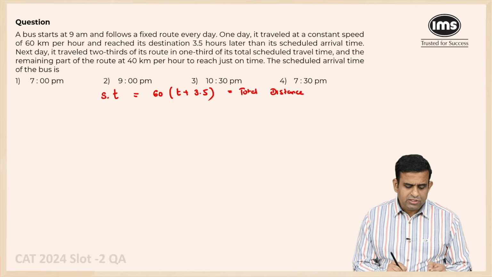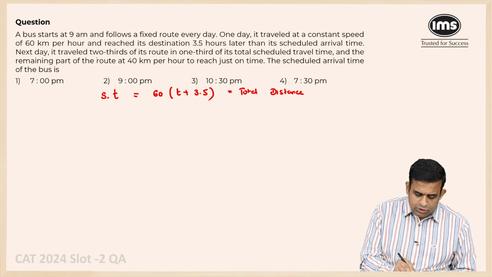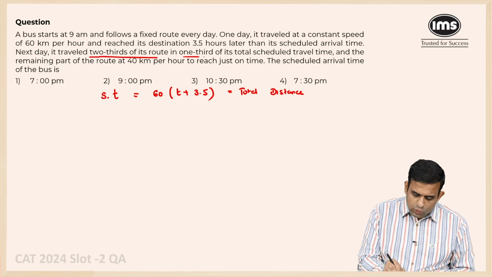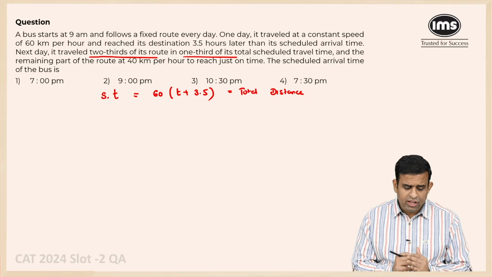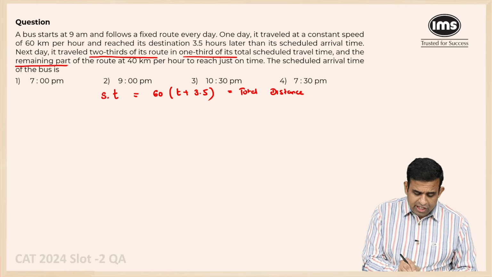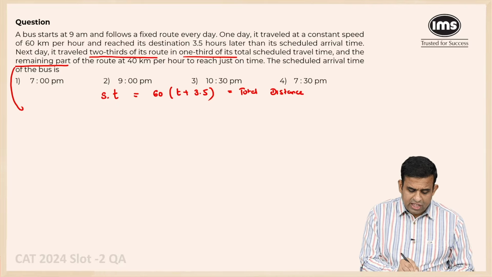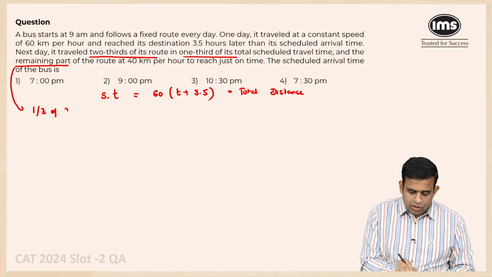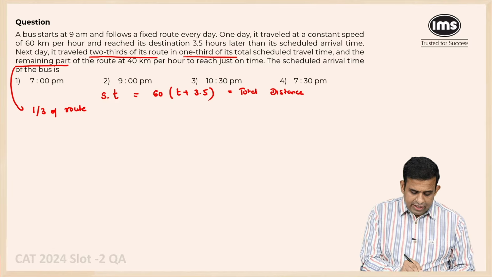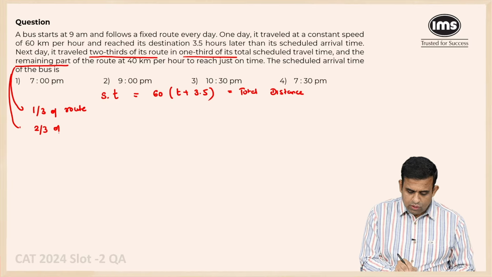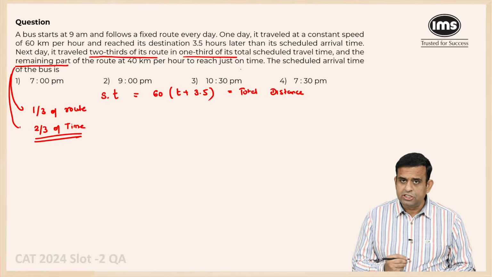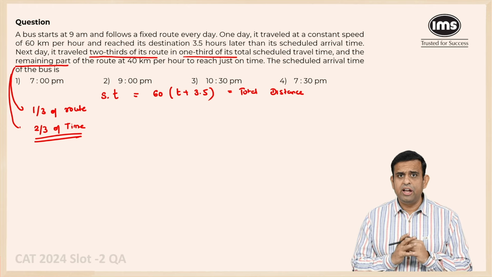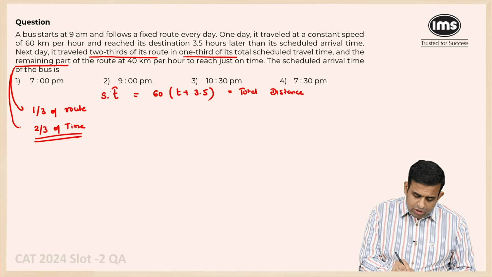Now what they are saying is, next day it travelled 2/3 of its route in 1/3 of its scheduled time. So we don't know the speed right now at this point, and the remaining part. If I focus on the remaining part, can I say that it must have covered 1/3 of the route in 2/3 of the time, to reach just on time, because in that case the time taken entirely was the same as the normal time.